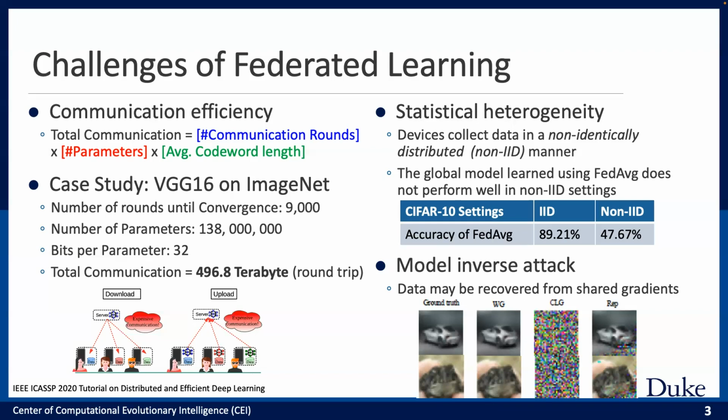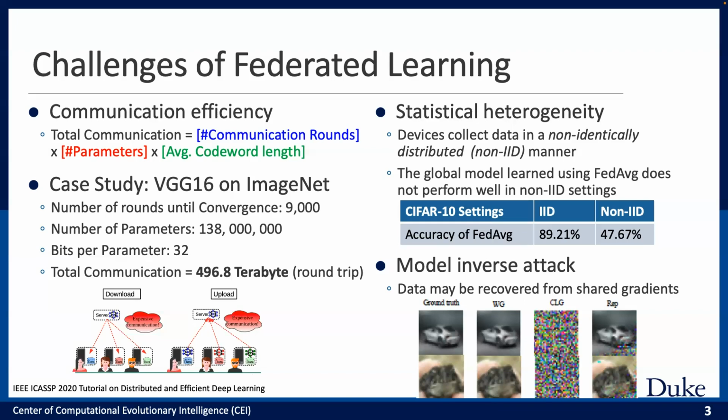If we consider IID, identically distributed data, the accuracy can be very high, here 89% for FedAvg. But for non-IID, it quickly drops to less than 50%.